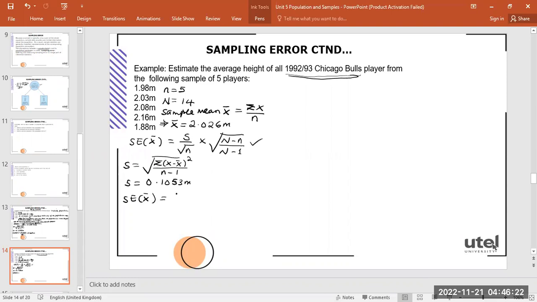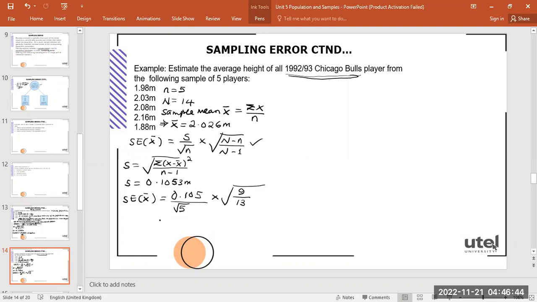So our standard deviation, we've gotten as 0.105, divided by the square root of 5, multiplied by the square root of capital N, which is 14, minus 5, that gives us 9, divided by 14 minus 1, that gives us 13.